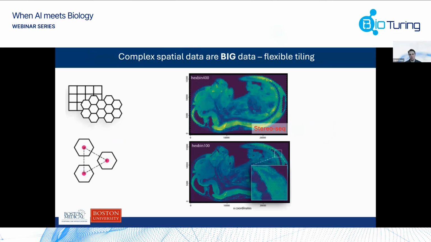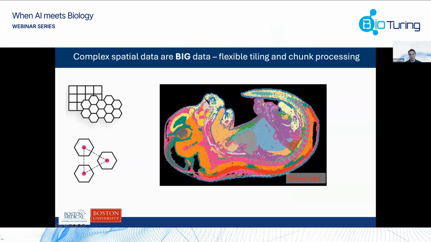One simple approach is that you can analyze data at multiple resolutions. If you look at, for example, the Stereo-seq data, where they profile a whole mouse embryo, it's really, really big. But if you do a larger hex bin approach, then it's actually doable. You can do a smaller one, you see all these data sets.